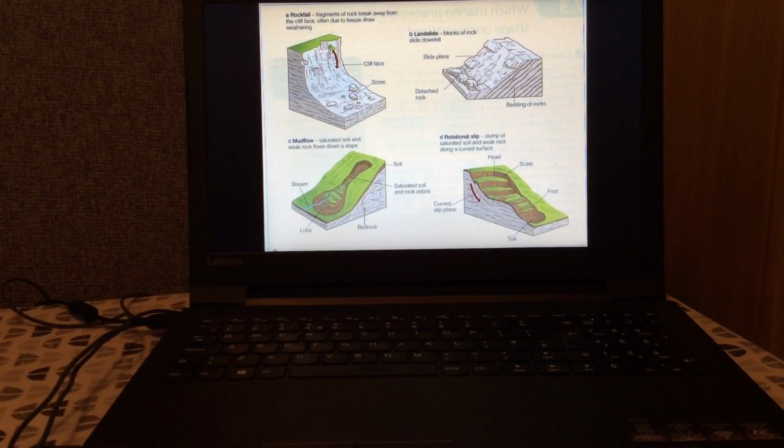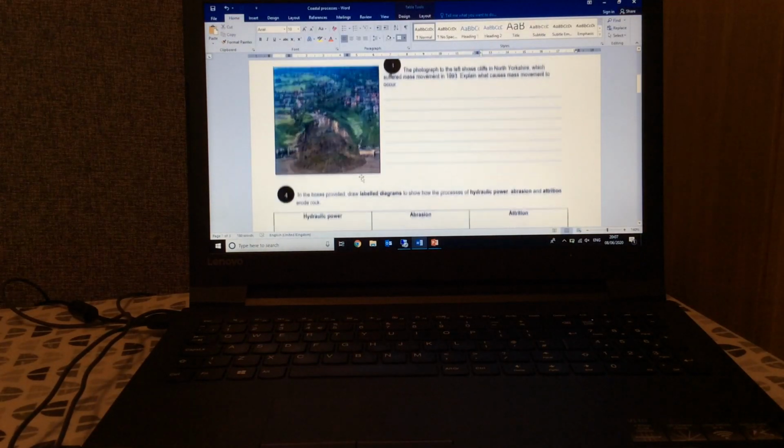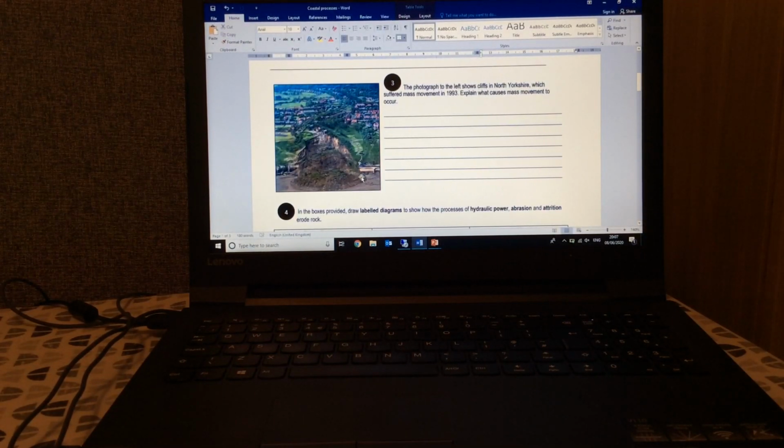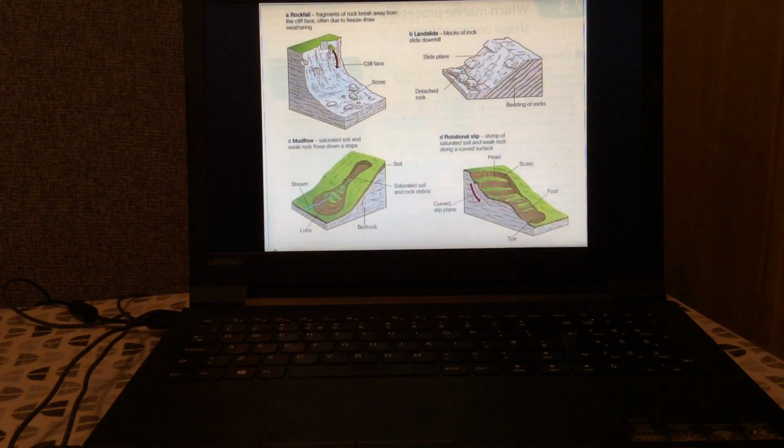It means that the soil on top can slide, and it slides in this rotational, curved way. Okay, so go back to your PDF worksheet for this lesson, and in number 3 there's an activity relating to that very photograph. Have a look at that and then come back.